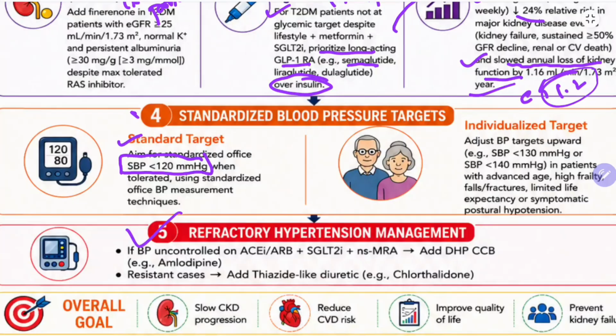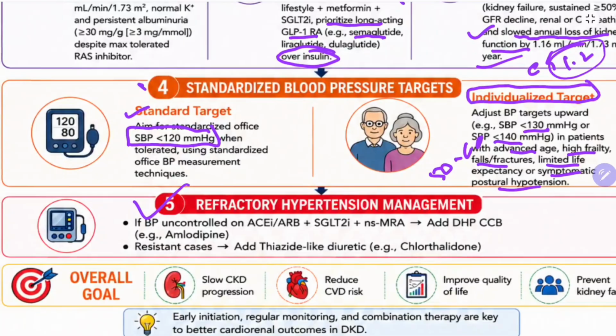But in some patients, like the elderly or those with comorbidities, the target should be individualized: either less than 120, or if that is not possible, less than 140 in patients with advanced age, high frailty, falls and fractures, limited life expectancy, or symptomatic postural hypotension. So in elderly patients or those with comorbidities or postural hypotension, you can relax the target to SBP less than 140 or less than 130. Standard is less than 120.